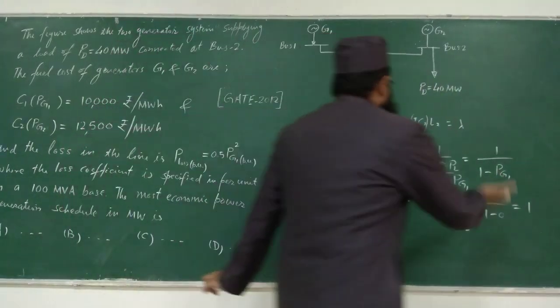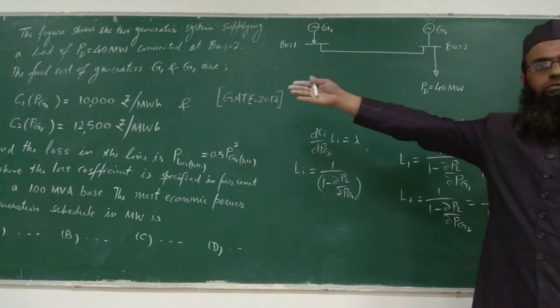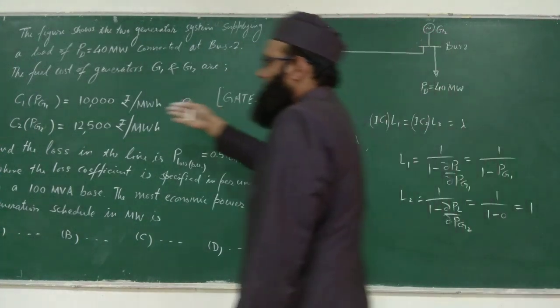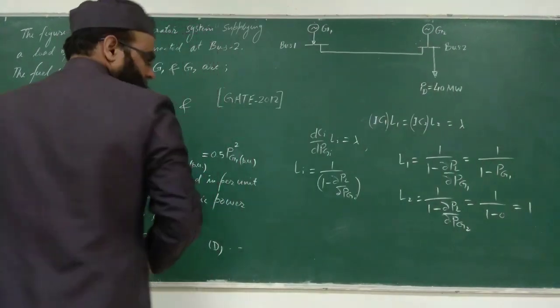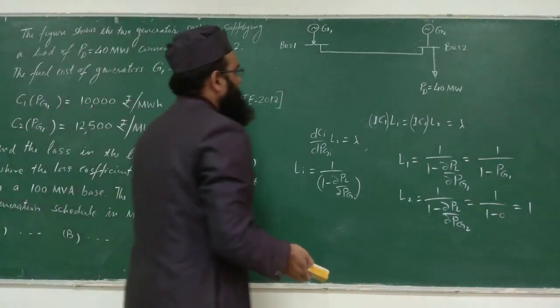Now we have evaluated L1. We have evaluated L2. We know IC1, directly given. We know IC2, directly given. So just find out the values of PG1 and PG2. Okay.